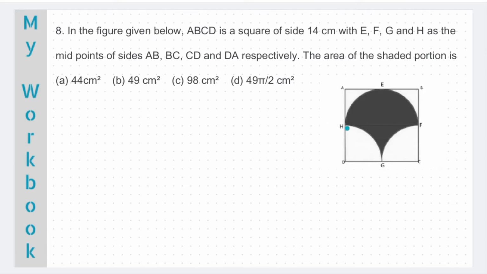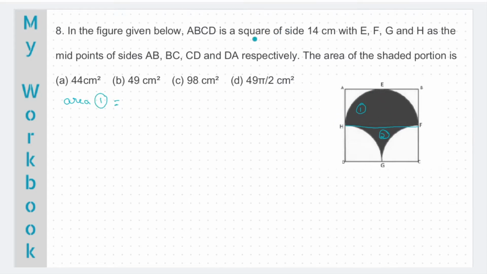So let's divide this area, that is the shaded portion, into two parts. First one on the top and second one on the bottom. Now first part is a semicircle. So area of the first part will be area of this semicircle.